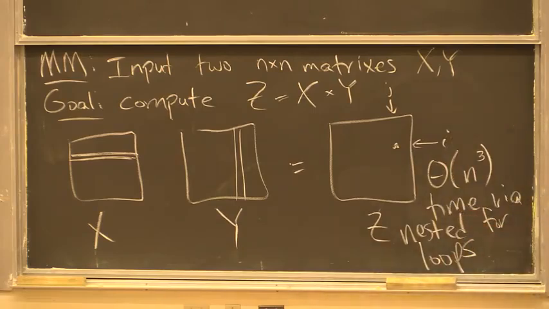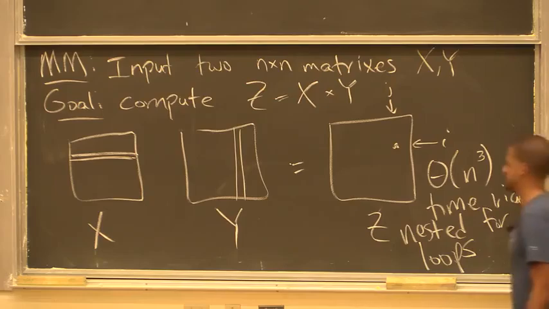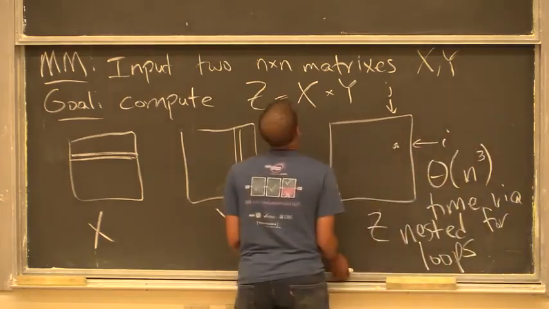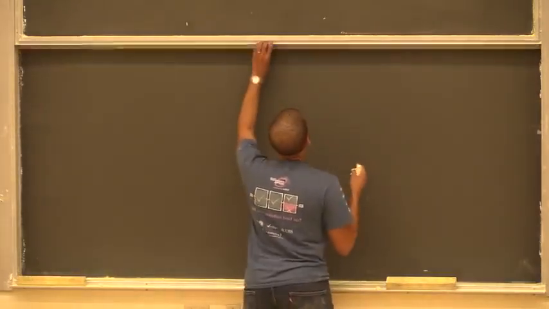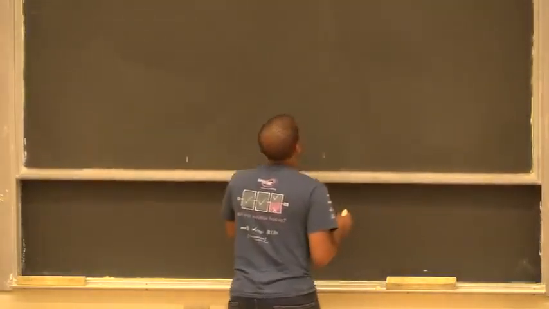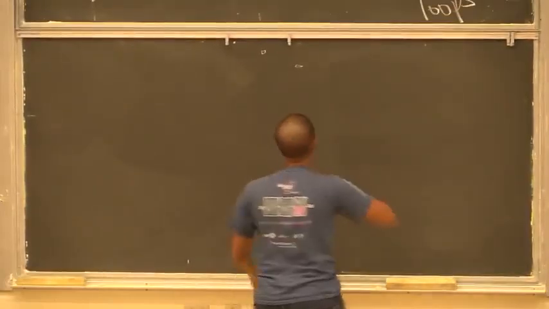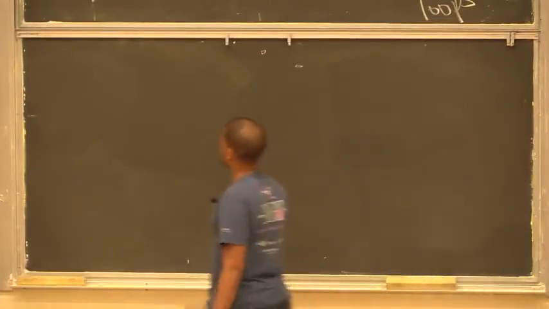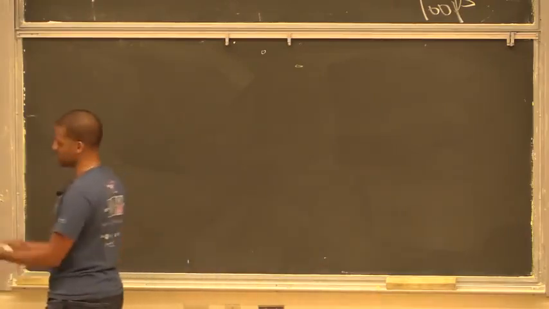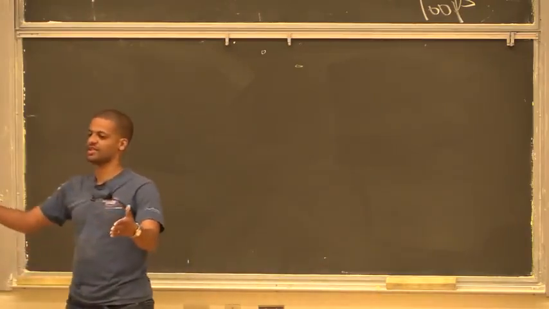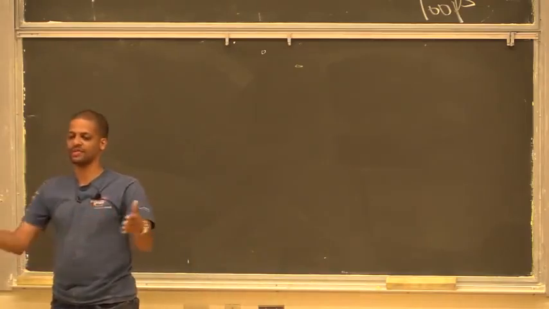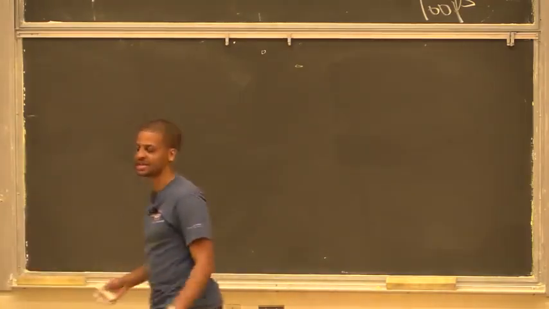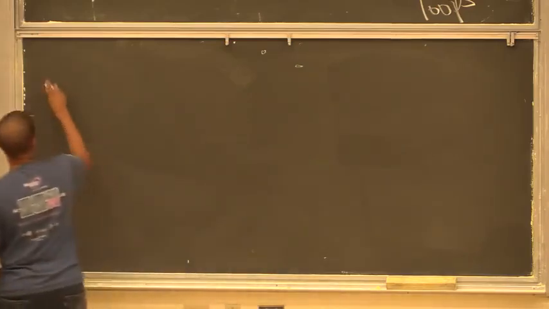So let's see whether we can use divide and conquer to do better. Okay. So let's try to do something similar to Karatsuba's algorithm. In Karatsuba's algorithm, you took the integer, a string of digits, and you just chopped it in half, and then used the distributive law to get something. So let's write here x.